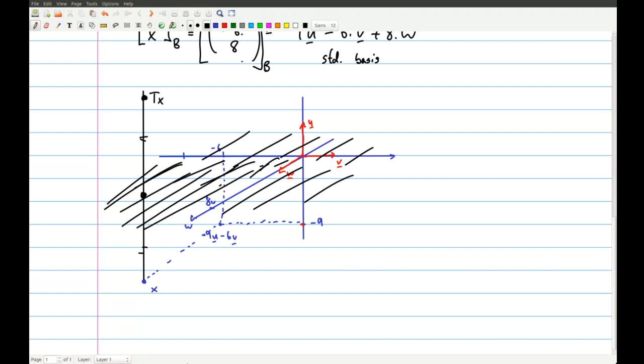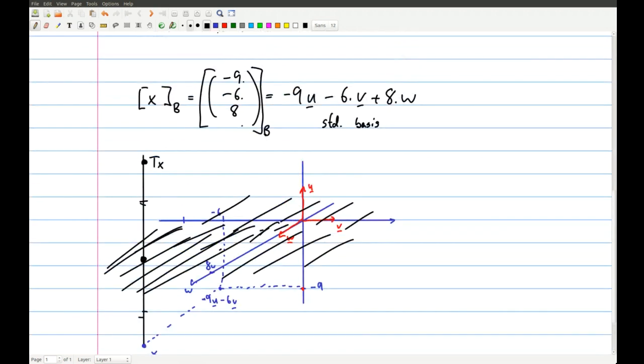Here's Tx, like that. Now it's particularly easy to see what T does in this situation, because T applied to x in the basis B is equal to T of -9u -6v plus 8w. And all of these are eigenvectors. These two with eigenvalue 1, this one with eigenvalue -1.